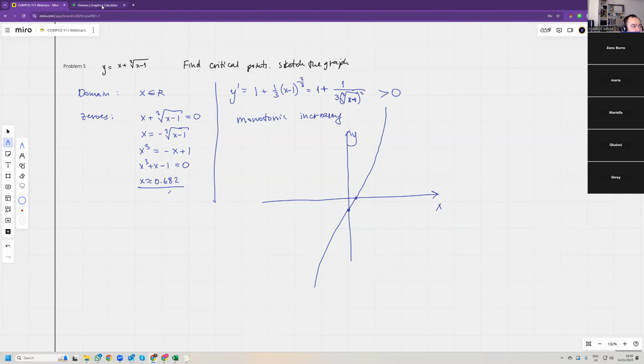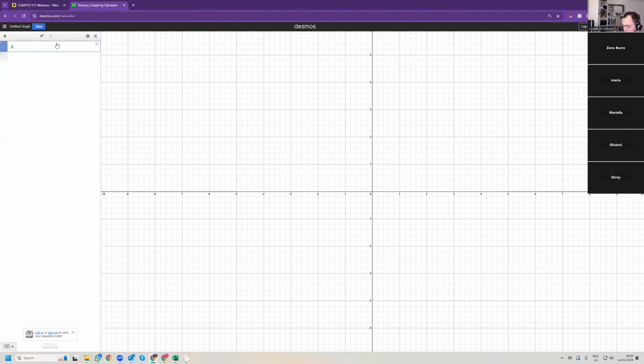So y equals x plus cube root of x minus 1. To the power minus 1/3.